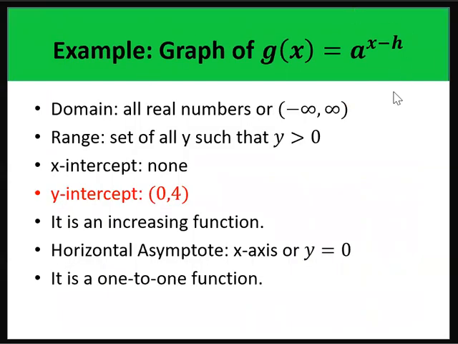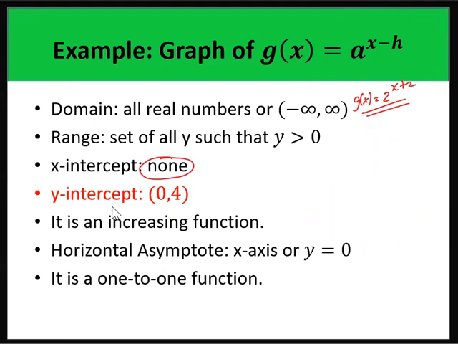Since the graph of 2 raised to x plus 2 is extending indefinitely to the left and right, the domain will still be the set of all real numbers. And since the graph is still above the x-axis, the range will be the set of all y values such that y is greater than 0. And since the graph is shifted only to the left, the x-intercept will be the same. So there's no x-intercept for 2 raised to x plus 2.